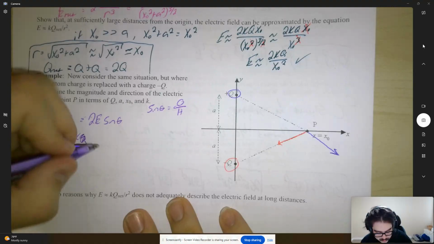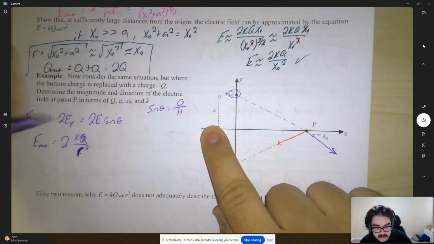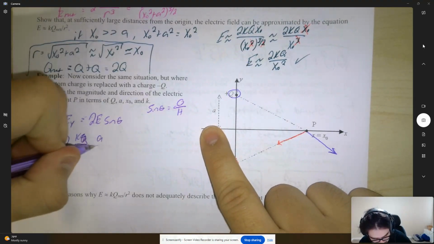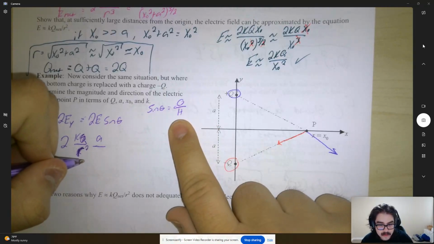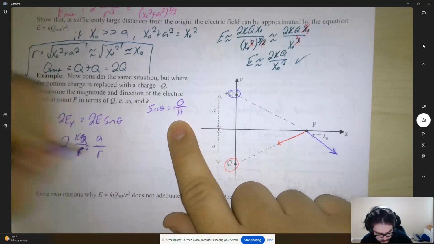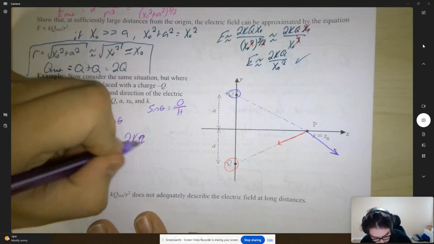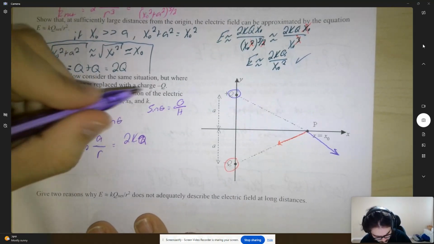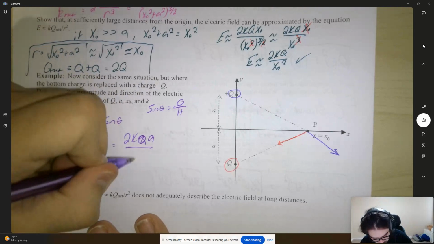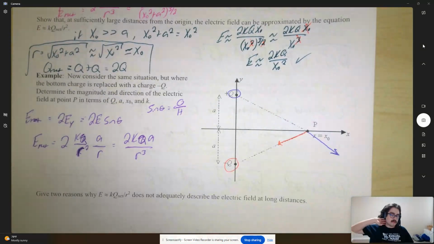So the opposite is going to be a now, so this is going to be a over the hypotenuse, which is still going to be r. That really just gives us 2kqa over r cubed. It looks very similar to how it did last time.